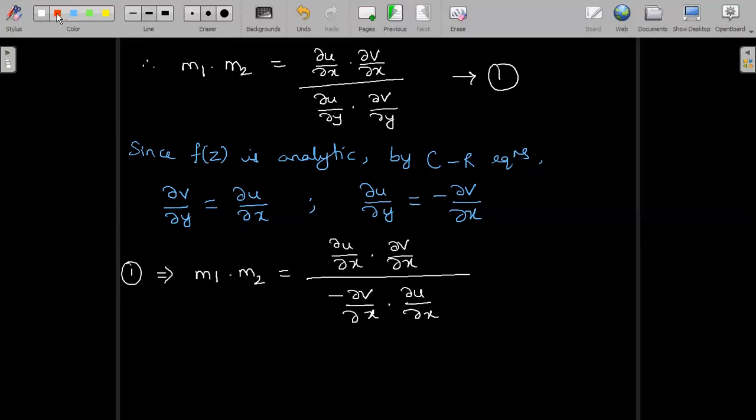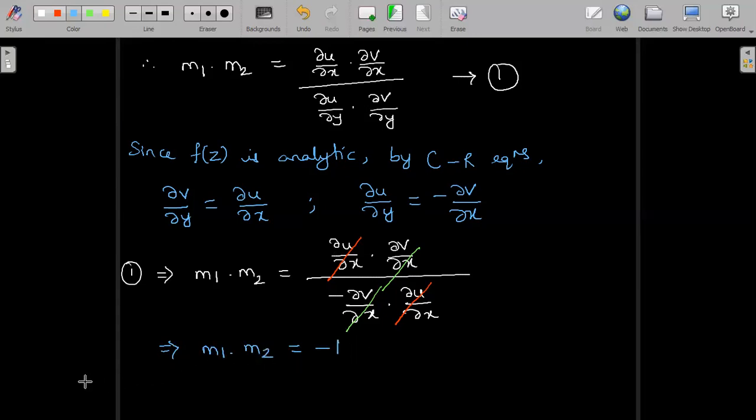And observe that the terms are getting cancelled. That is, dou u by dou x is cancelled with dou u by dou x in the denominator, and similarly dou v by dou x is cancelled with dou v by dou x. Hence we obtain minus in the numerator. The terms get cancelled, but the product is equal to minus 1 now. So m1 into m2 I am getting as minus 1.